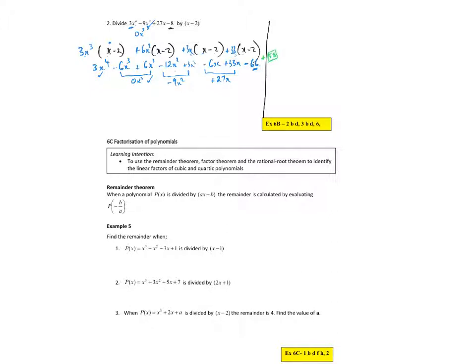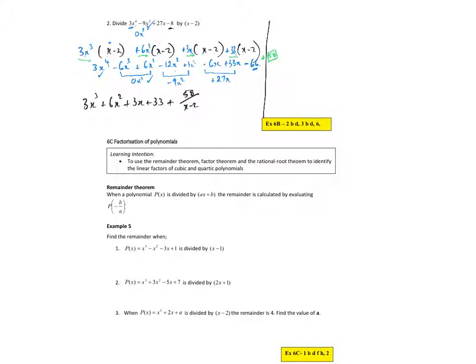And that's my remainder. So in blue at the front of my brackets, they're the polynomial terms. So I end up with 3x cubed plus 6x squared plus 3x plus 33, plus the remainder of 58, and we divide that by x minus 2 because I haven't divided x minus 2 into that term yet.